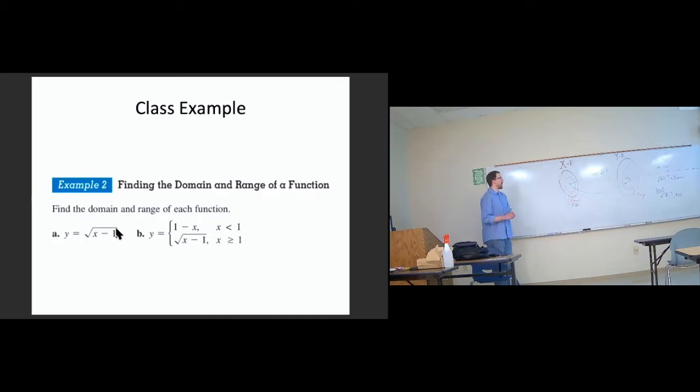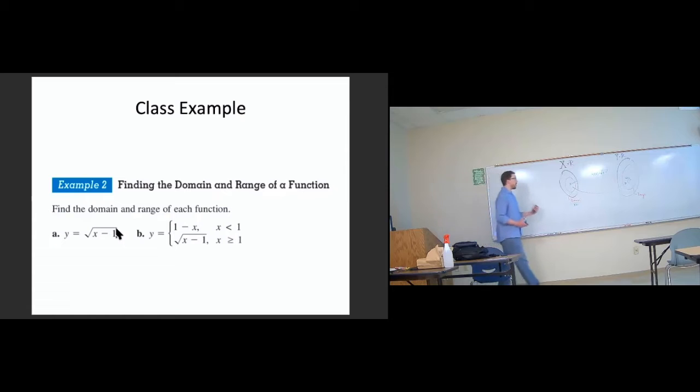But what about the range? What possible values can we get out of this? Can the square root ever give us a negative number? No, right? That's the whole point of imaginary numbers.